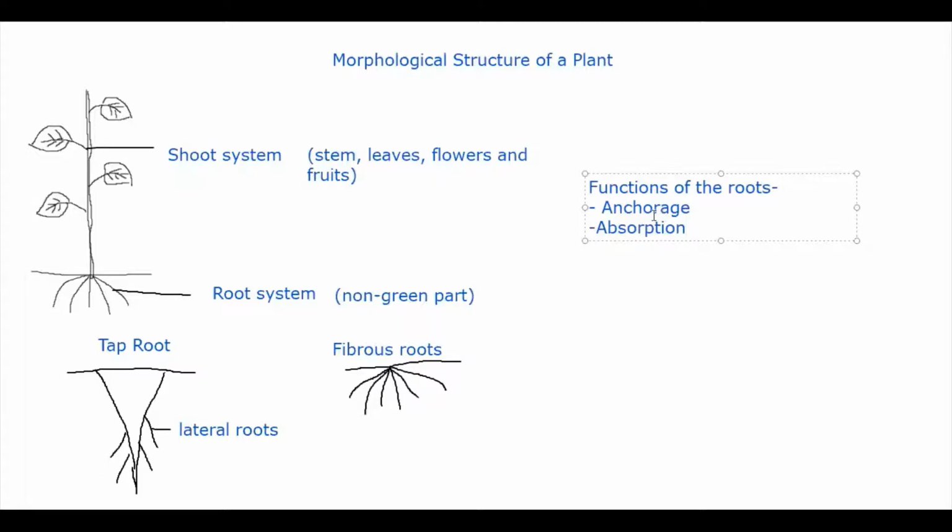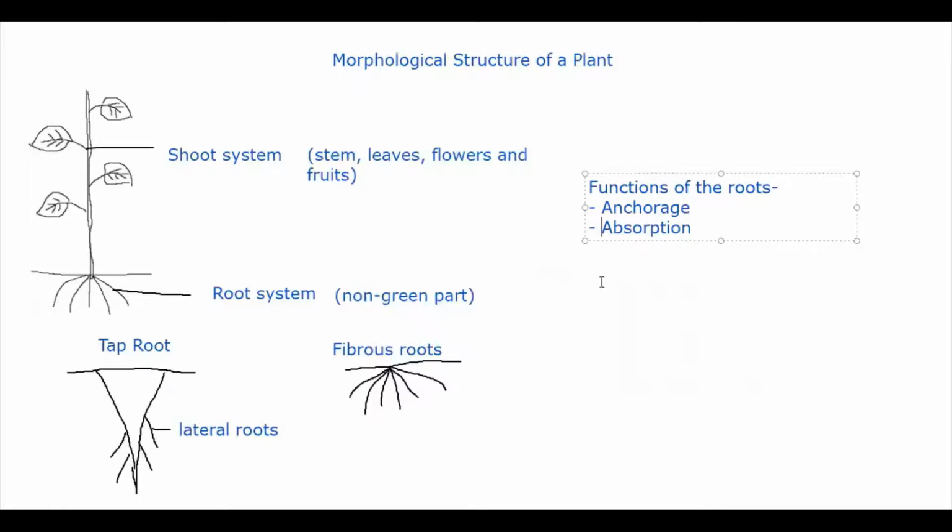Anchorage here means the roots fix the plant to the ground, while absorption means the roots absorb water and minerals which are used by the plants. So these are the functions of the roots.